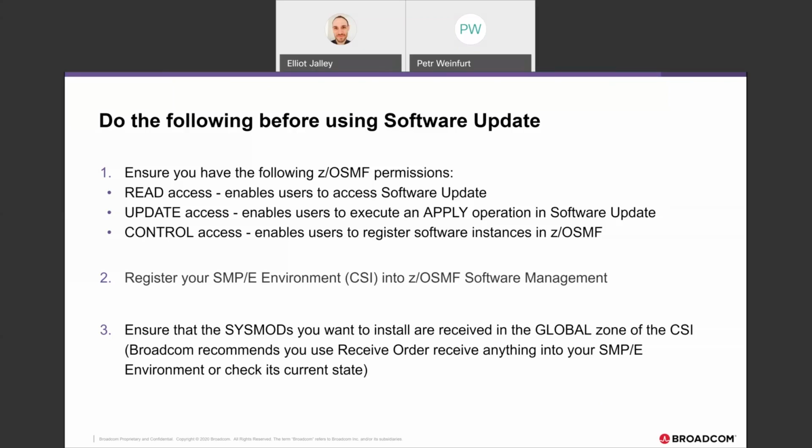Our recommendation here is for you to use receive order as a way to acquire your maintenance and receive it. That is something that we'll be talking about in an upcoming webinar, showing you how to actually do that.